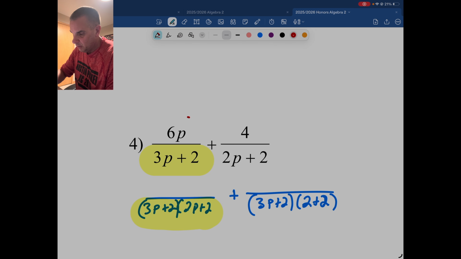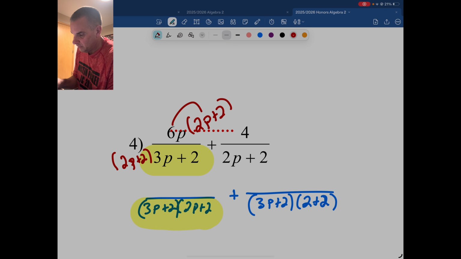So that means I need to multiply both the denominator and the numerator by 2p plus 2. That gives us 12p squared plus 12p.